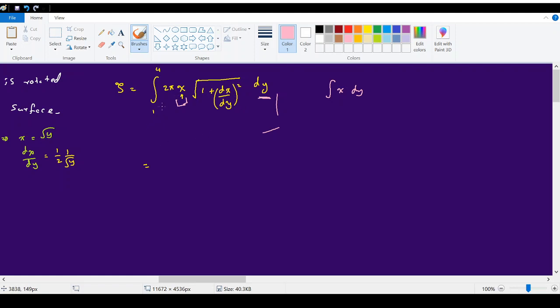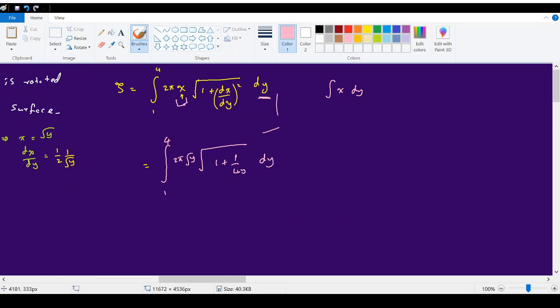So what we should do is rewrite everything in terms of y. Here dx by dy is already in terms of y, so there is no issue with that. But for x, we will have to write it as the square root of y. Other than that, we will not have any problems in computing the integral.